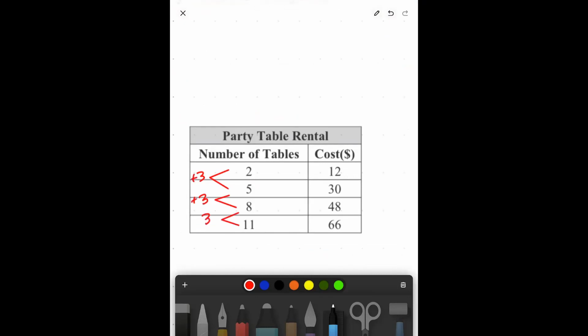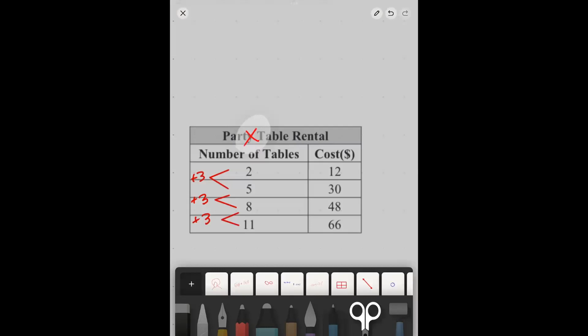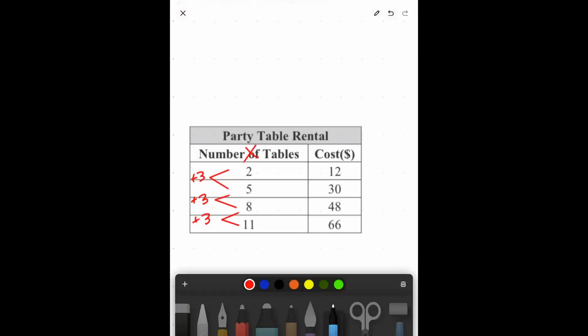So you can see that the x values are going up by 3, and the y values, let's see, 30 minus 12 is 18. 48 minus 30 is also 18. 66 minus 48 is 18. So the y values are going up by 18. Now we know it's linear because it's going up by the same amount on the x's and y's.